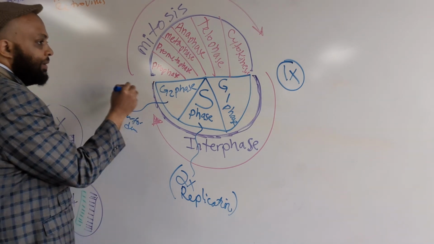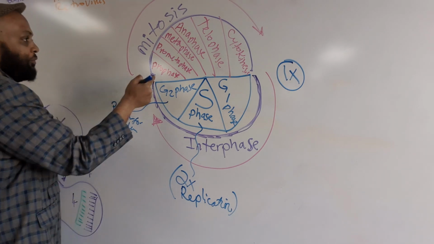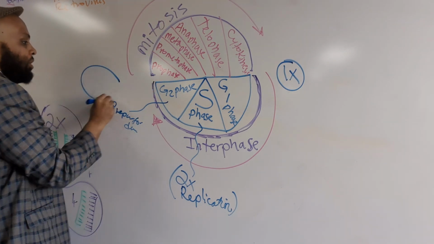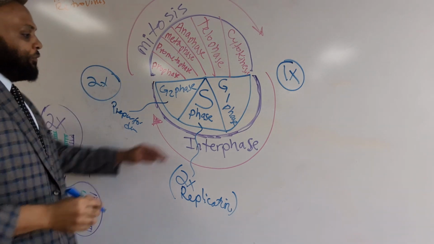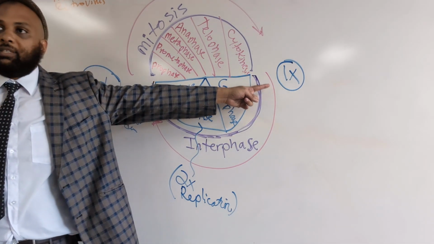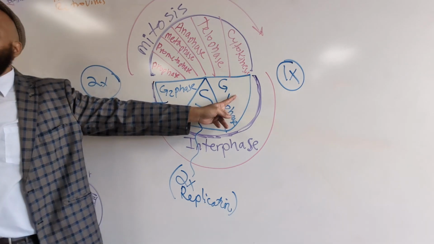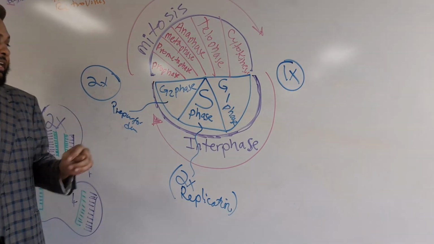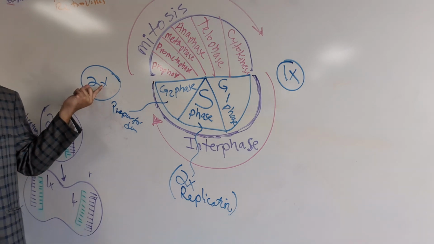So here now I have 2X. Before I get into mitosis, I'm exactly one cell with 2X. Before I entered interphase, I was 1X. After the G1 phase, the S phase, and the G2 phase, I have 2X.